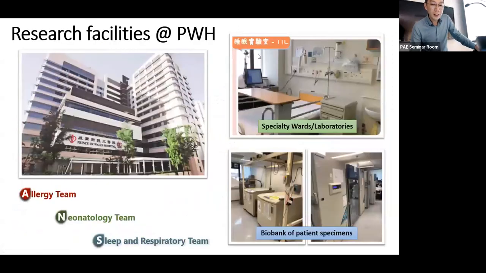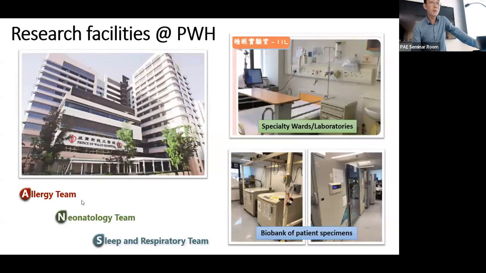So in the Department of Pediatrics, we have 2 research sites. You are now sitting in Prince of Wales Hospital, which is our headquarters.